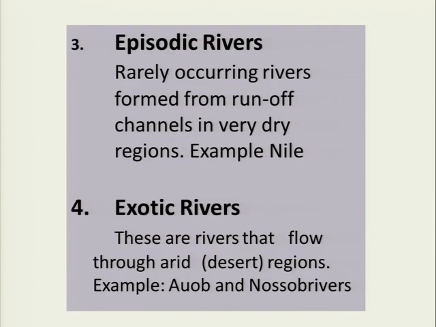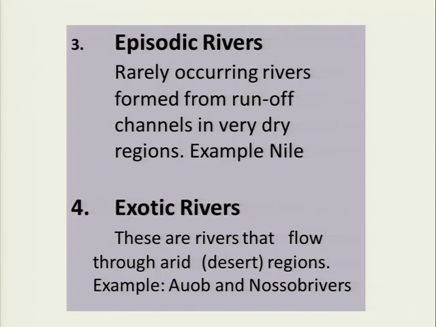Now we come to the exotic river. Remember, the exotic river is something that is out of the ordinary. Okay, why? Because those are rivers that flow through arid or desert regions, and it is a huge river. It has a lot of water. Another example of that can also be the Nile River.